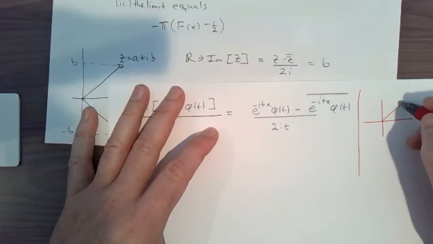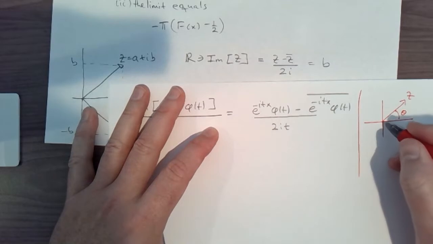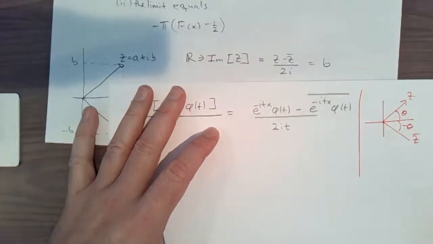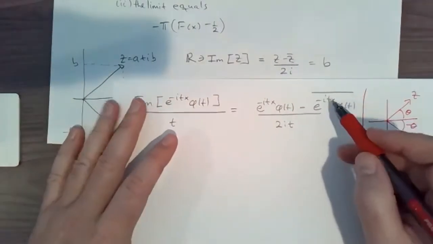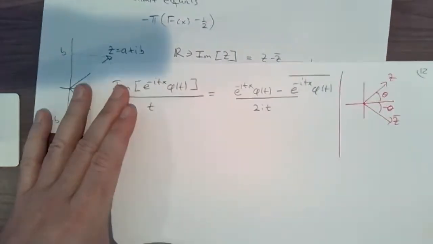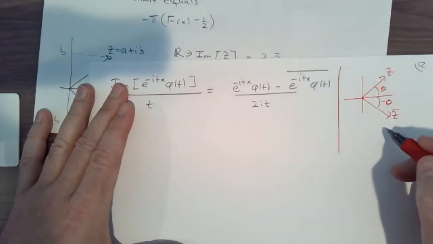So if I have a number here, this is my z, this is my number theta. But if I want to do the conjugate, I just go down with minus theta. And so that's going to take care of the first one. I'll just eliminate the negative sign. Right, instead of going up, I go down.